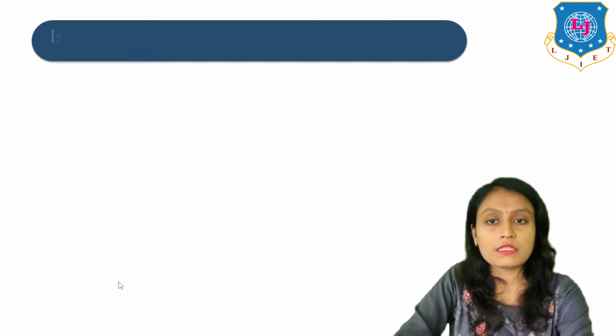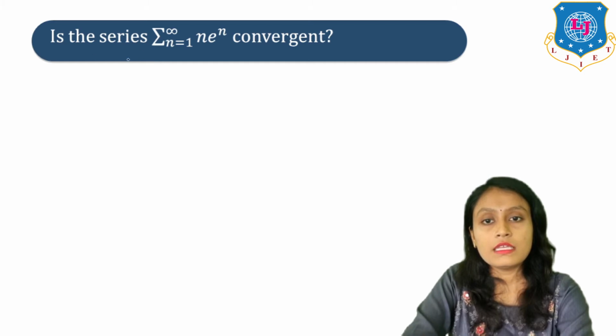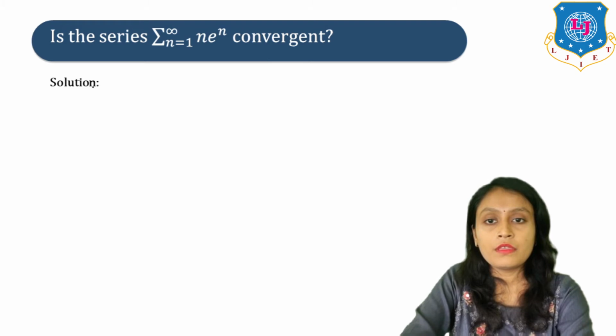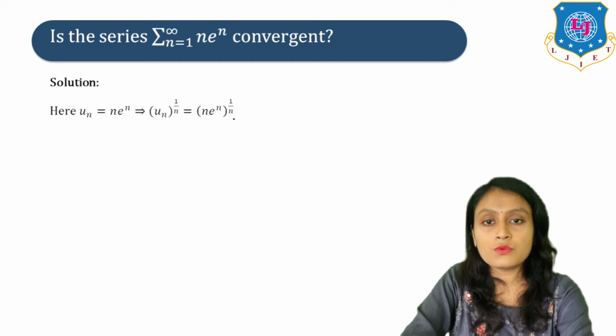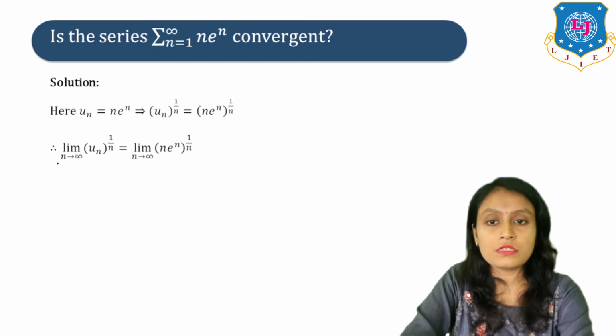Okay, one more example. Is the series n e raised to n convergent? So here un is given, that is n e raised to n. Okay, firstly we will find un raised to 1 upon n. So we have n e raised to n whole raised to 1 upon n. Okay, so first find out the limit, that is limit n tends to infinity un raised to 1 upon n equals limit n tends to infinity n e raised to n whole raised to 1 upon n, right?